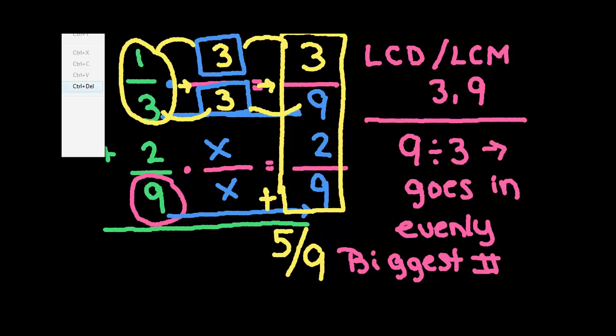So let's try another one. This time let's find one where we have to find and change both denominators. So let's say we have 2 tenths plus 5/12.